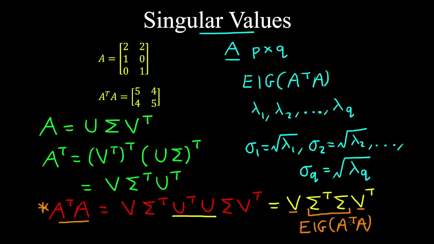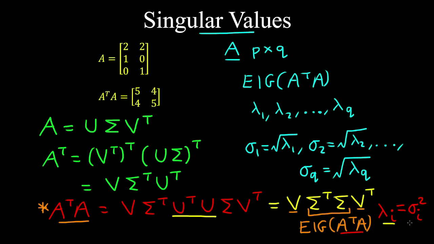So if each eigenvalue of A transpose A is denoted as lambda i, then given this product of sigma transpose by sigma, which will have the eigenvalues on the diagonal, we set the eigenvalues equal to sigma i squared.